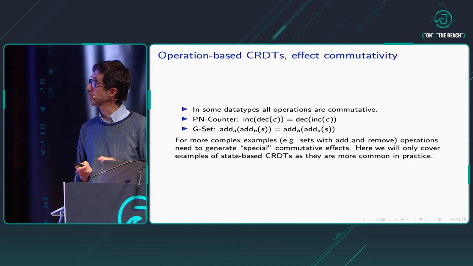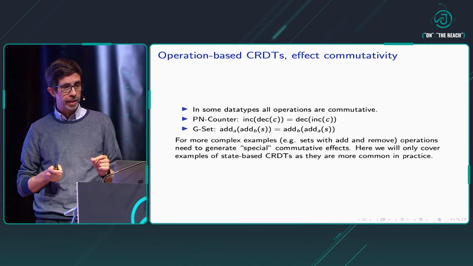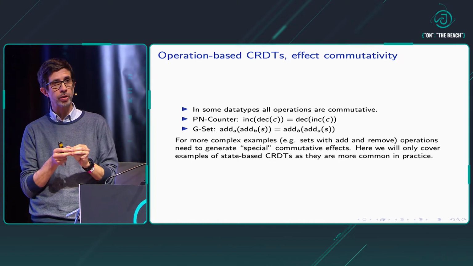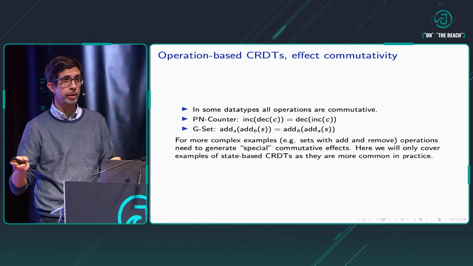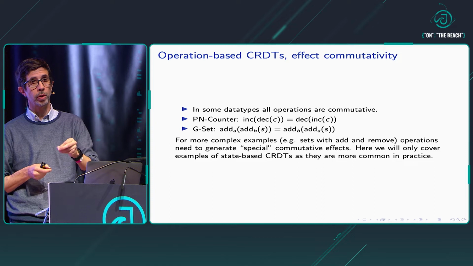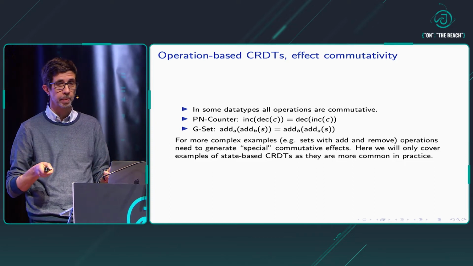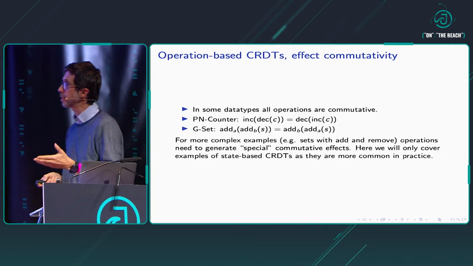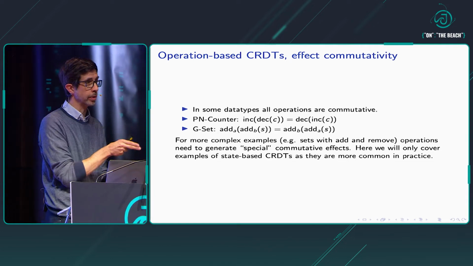So first, let's look at the operation-based way. So the idea is to get effects of operations that are commutative and that you can apply in any given order, or that at least if you deliver all the operations in causal order, when you get concurrent operations, we can apply in any order and you get the same outcome. But for some data types, you already have that even when you are doing sequential operations.